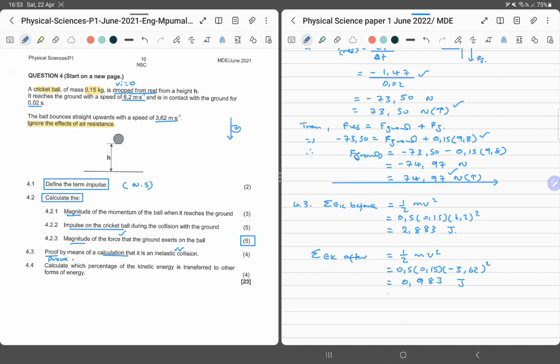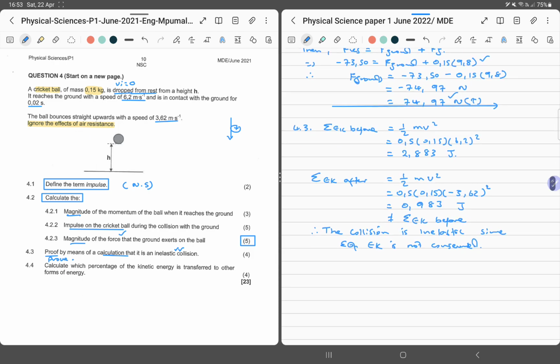So we can see that this is not equal to the sum of EK before. Therefore, the collision is inelastic since sum of EK is not conserved.